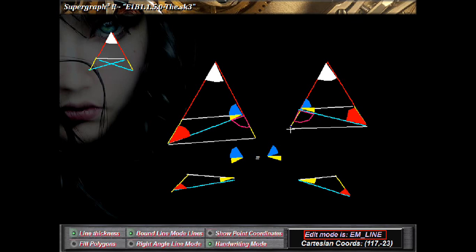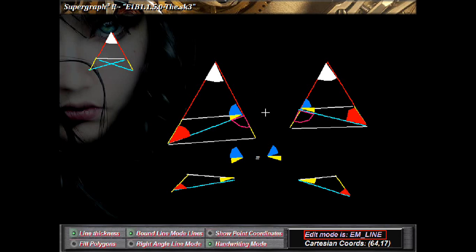This length is the same as this length in this one, and blue the same, and white the same. In fact, all sides the same, so therefore all angles in this triangle must be the same as in this triangle, and so therefore this empty part is the same for both of these triangles.